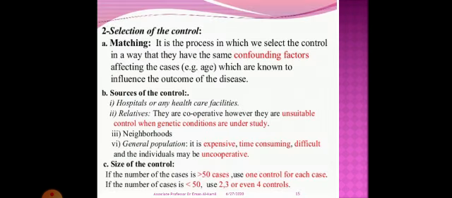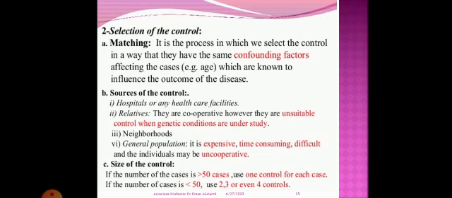Selection of the control, as we mentioned, is by performing the matching, and we look for the confounding factors, as we have mentioned before. The sources of the control are hospitals or any healthcare facilities.